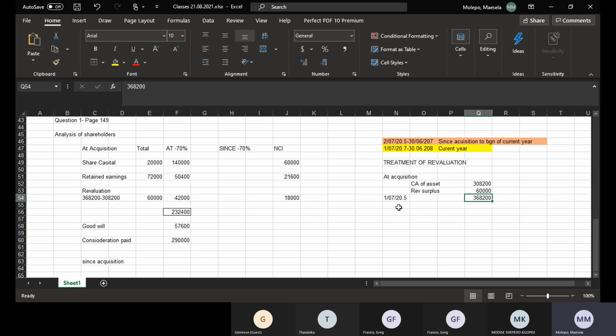Now, the next revaluation, because they say they revalue every 2 years, is gonna happen on 1 July 2007, because it will be 1 July 2005 to 2006, then 2006 to 2007. So the next revaluation will be on 1 July 2007, and then the next one will be on 1 July 2009, and this is the year which we don't have on our side.